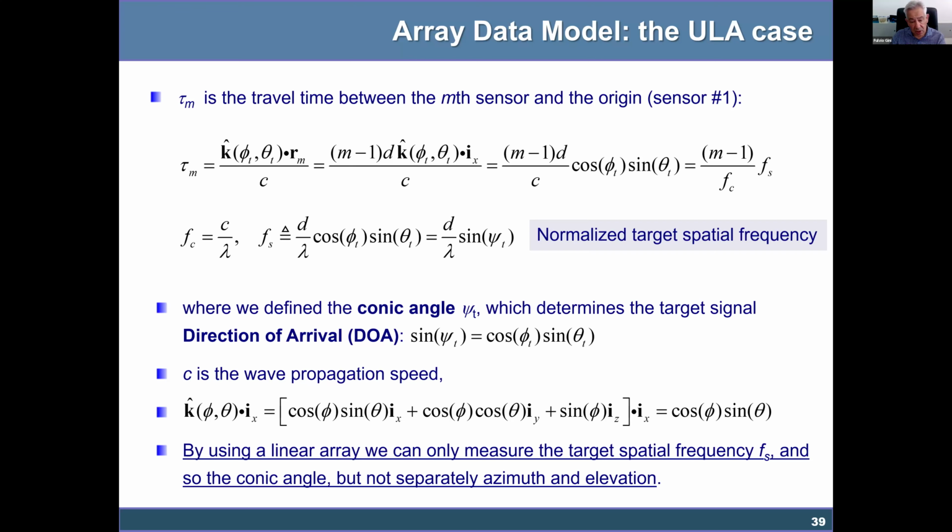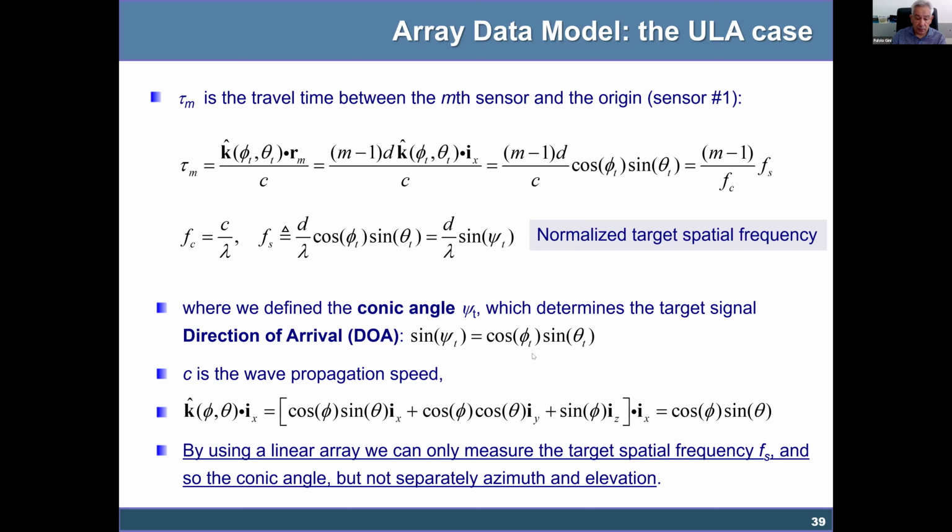So there is an ambiguity. In other words, if you have a Euler array, you can't estimate separately the azimuth and the elevation, but you can estimate only what is called the conic angle, that is an angle psi that depends on the direction of arrival through this relationship reported here.